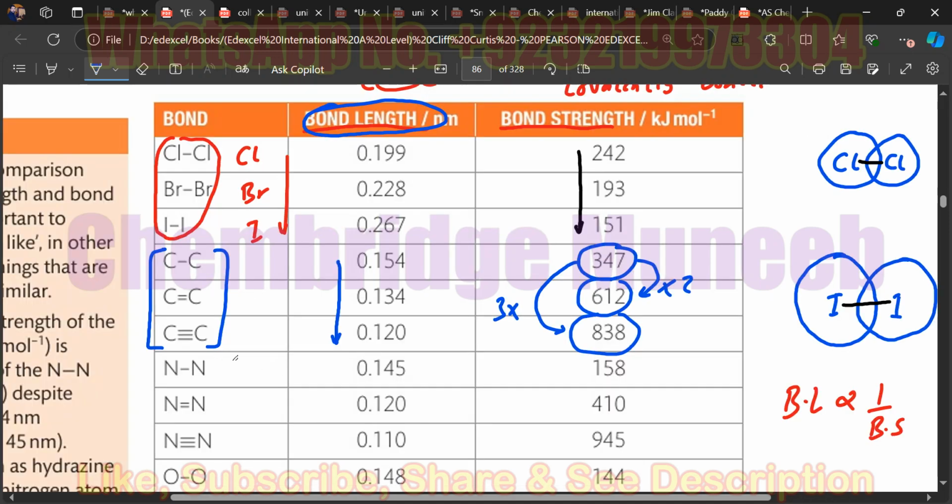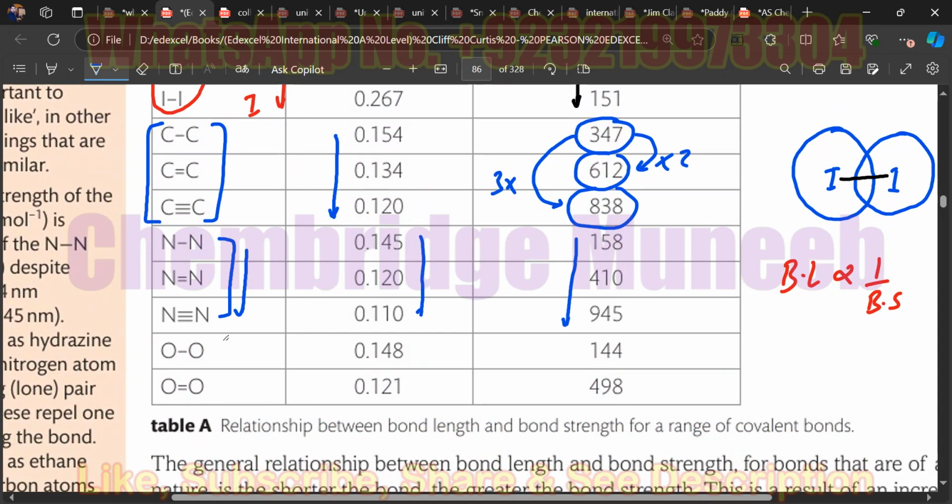Clear. And the same goes for the nitrogen. Within the nitrogen molecule, it is also showing some single or triple bond, so that's why the bond strength is increasing and the bond length is decreasing. And for the oxygen as well, bond length decreases and bond strength increases.